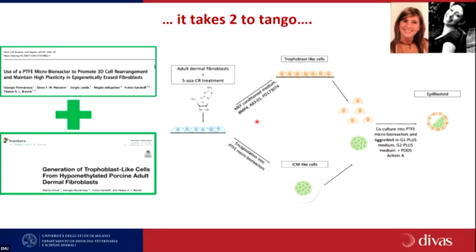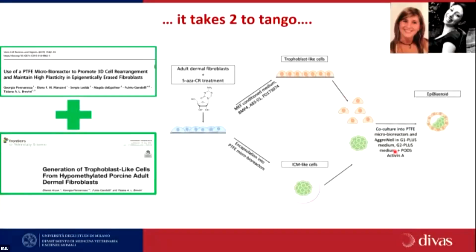And so this is the scheme of the experiment. We reprogrammed the same cells. So mind you, we were starting from the same cell population, which were fibroblasts. And then we reprogrammed fibroblasts towards ICM-like structures with the system I just told you about. And then in parallel, Sharon was differentiating cells towards trophoblast-like cells with a well-established protocol.